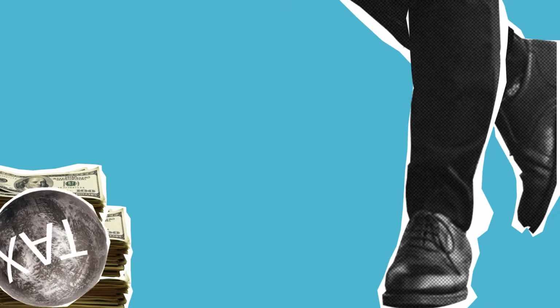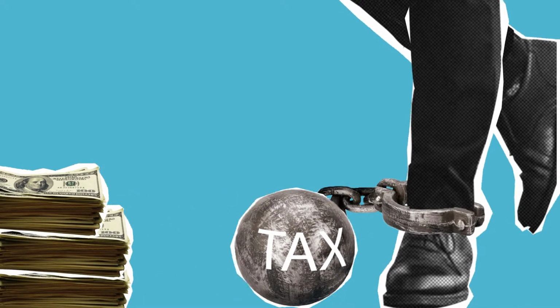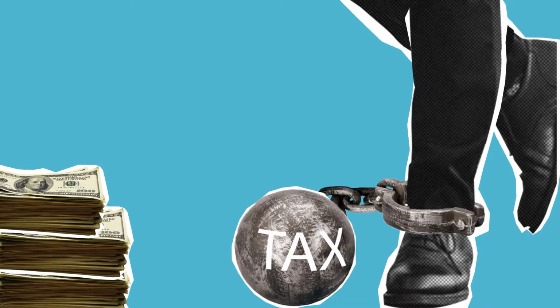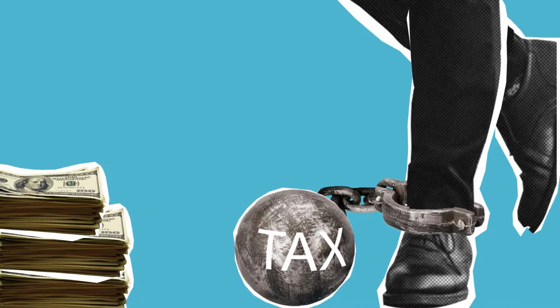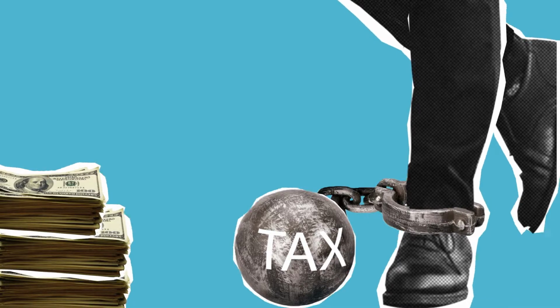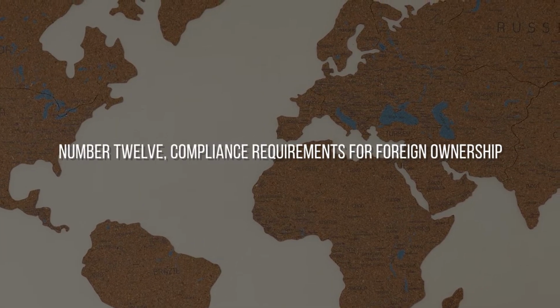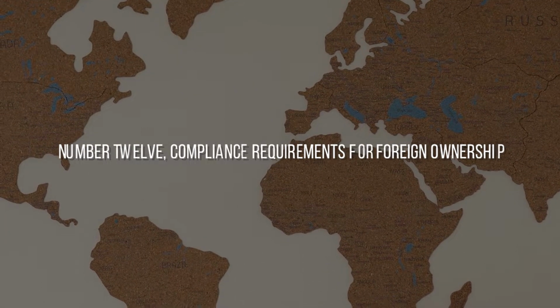You should also consider the tax on capital gains before making any investments into your new property. This tax applies to profits made from investment, so you have to be conscious of its impact. This is just one more thing that potentially affects your decision when investing in a property, nothing more. Number 12. Compliance requirements for foreign ownership.